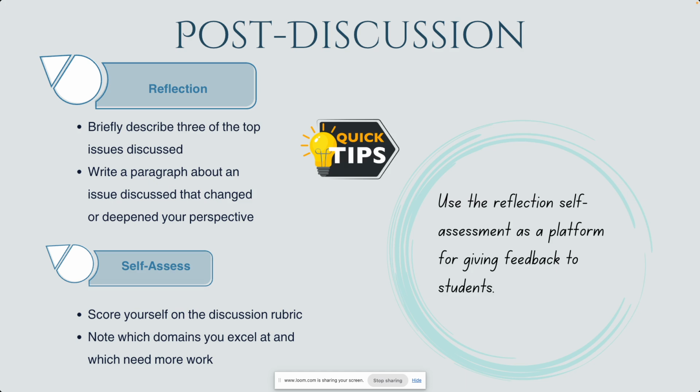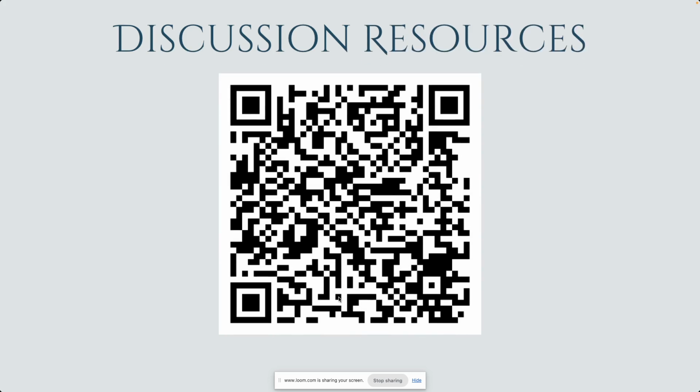Use the reflection and the self assessment as a platform for giving that feedback. Remember, actually, during the discussion, try just to enforce the ground rules. And after the discussion, after the reflection and the self assessment, that's when you give your feedback.